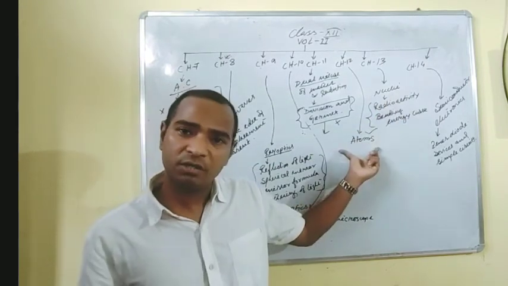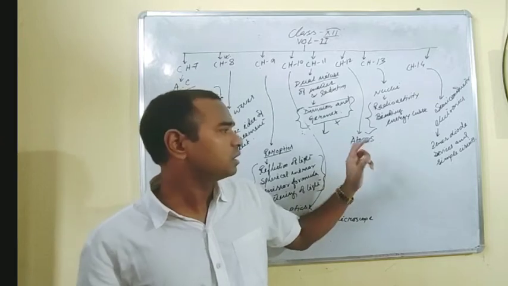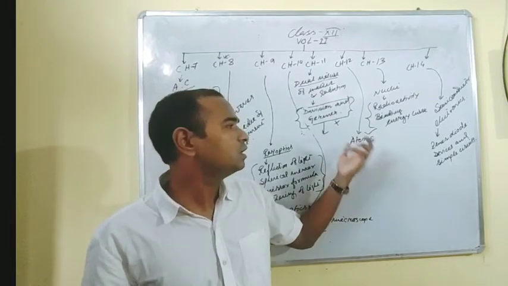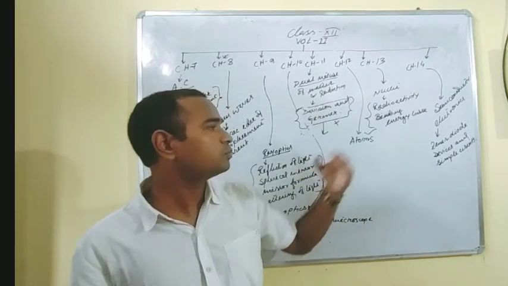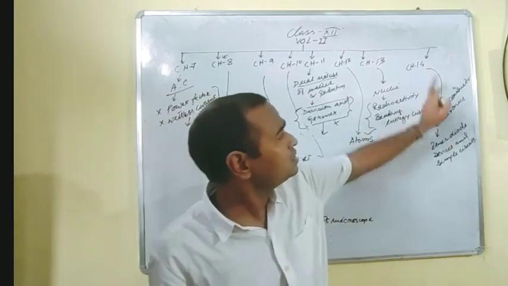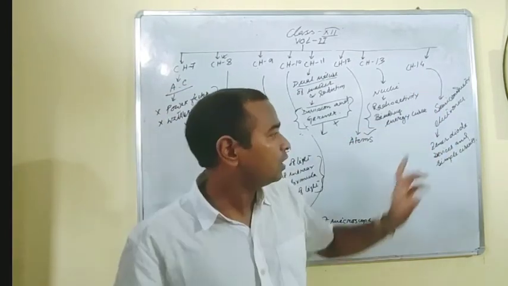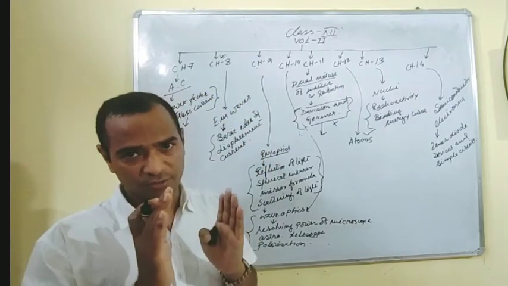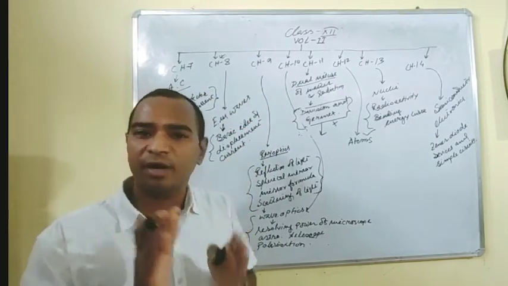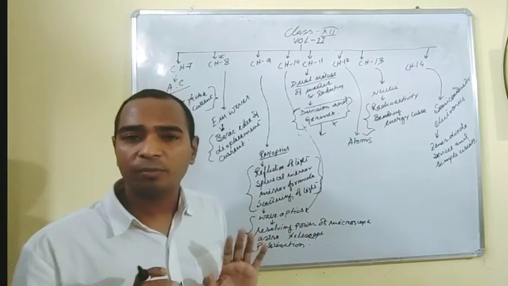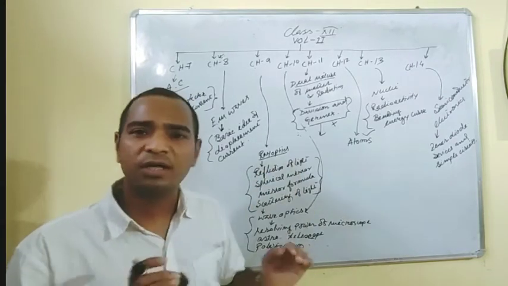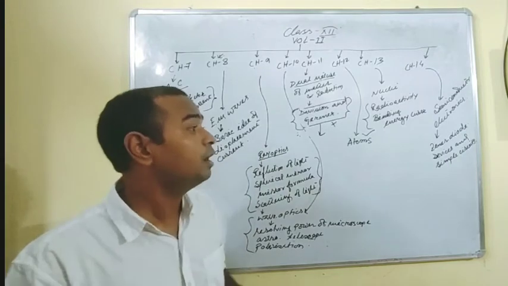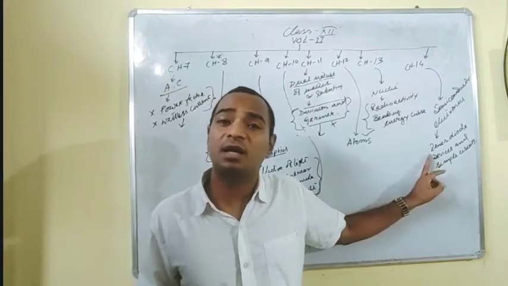Atom is already there. You have to learn Rutherford's model, Bohr's model, and the atomic spectra. And in chapter 14, you have to learn only the diode part. In semiconductor devices, you have to learn the diode characteristics: the forward characteristic and the reverse characteristic, but you need not learn the Zener diode.